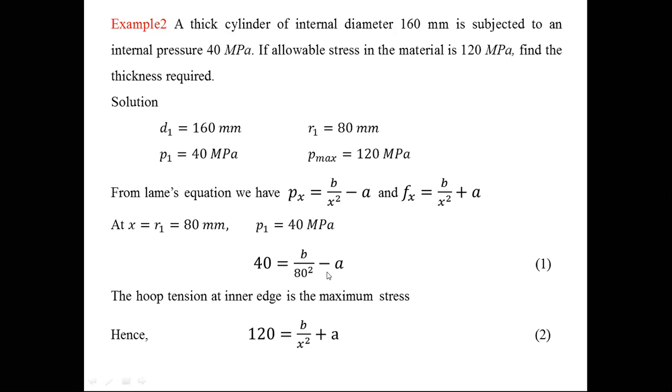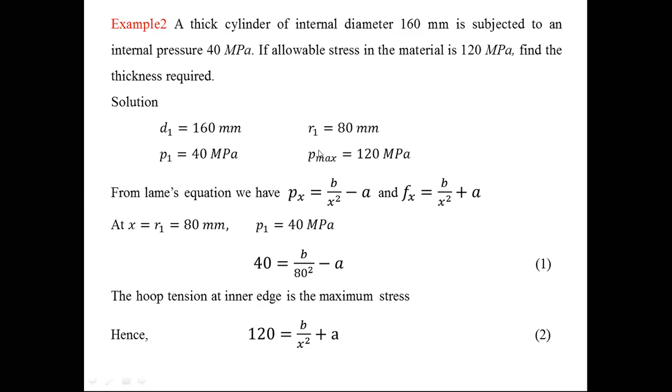And here the hoop stress at the inner edge is maximum, because the safe stress in the material is nothing but the hoop stress. The safe stress in the material means the hoop stress, where it is maximum at the inner radius. All of you know already from the previous problem that you get the maximum hoop stress at the inner radius.